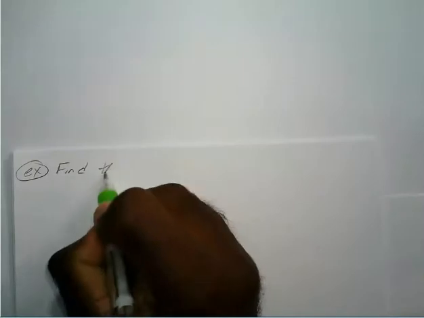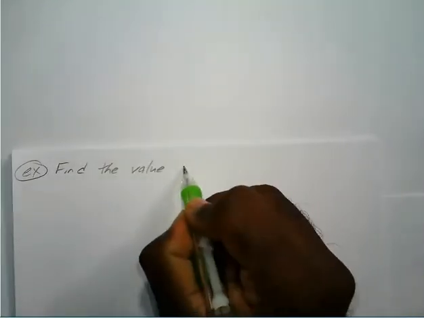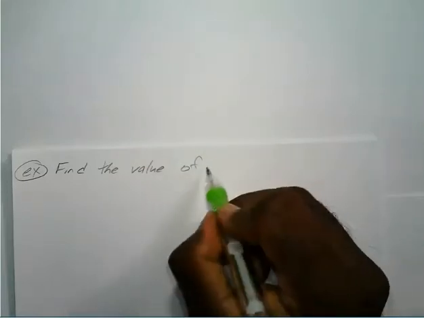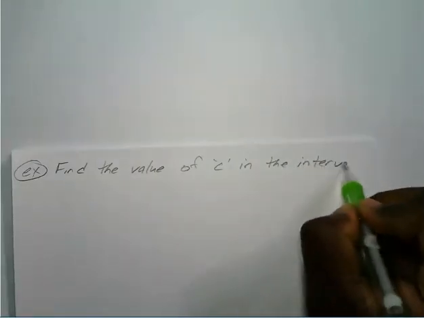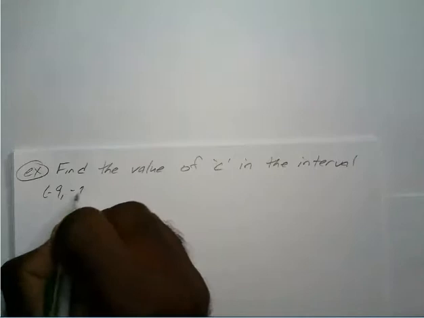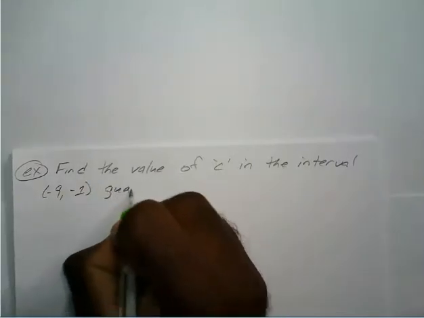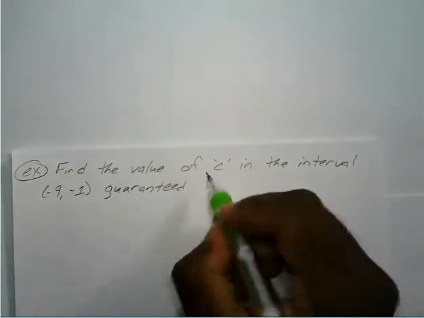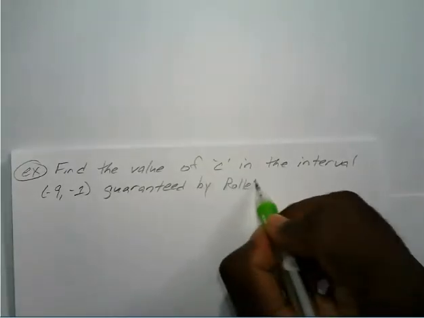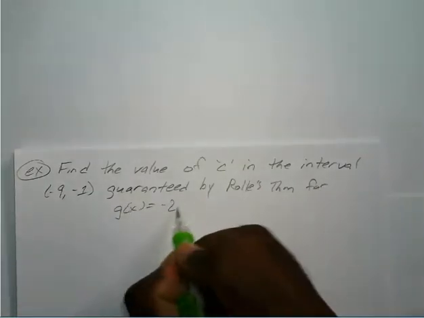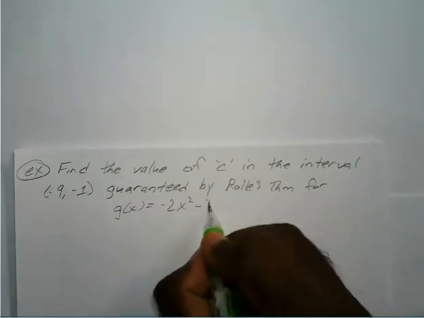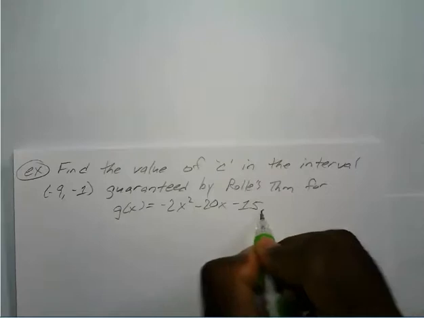Let's say, for example, we want to find the value of C in the interval -9, -1 guaranteed by Rolle's theorem for g of x equals -2x squared minus 20x minus 15.